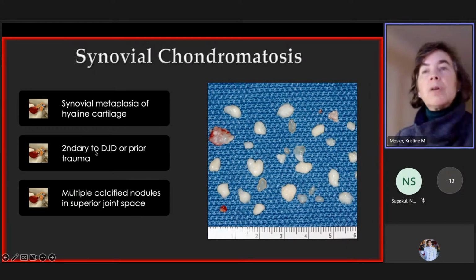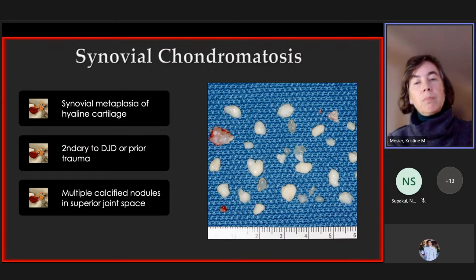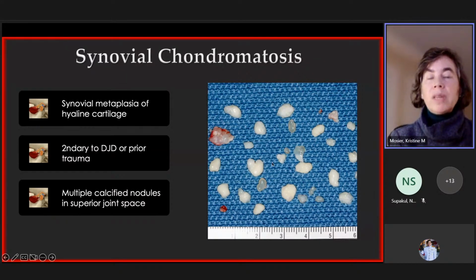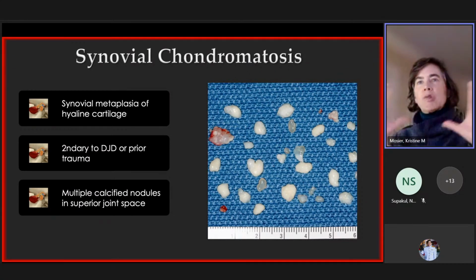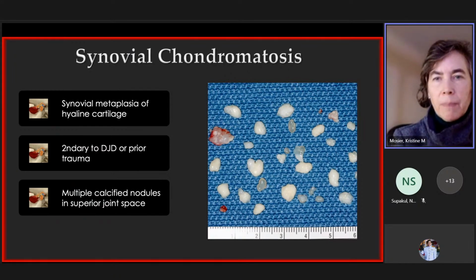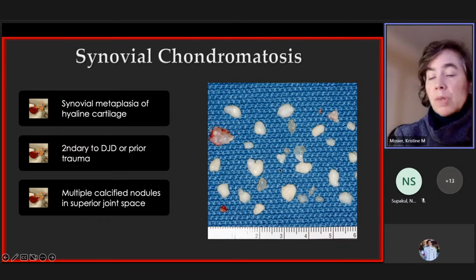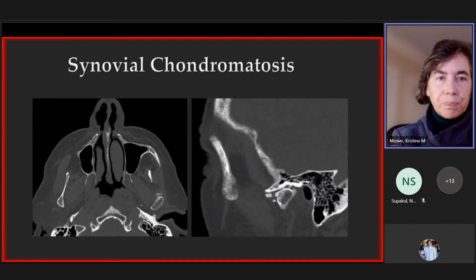We typically will see this secondary to degenerative joint disease or prior trauma, and what we'll find are these multiple calcified nodules within the joint space. They're typically within the superior joint space, but you'll see them in the inferior joint space, so surrounding that entire condylar head. And they're usually these fragments of ossification or discrete nodules of ossification within the temporomandibular joint capsule.